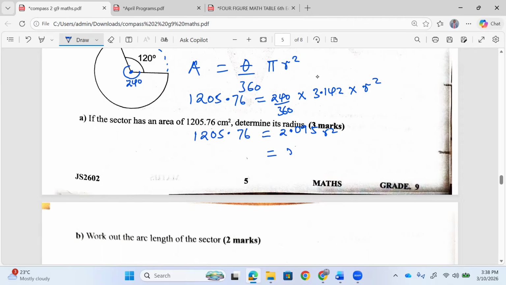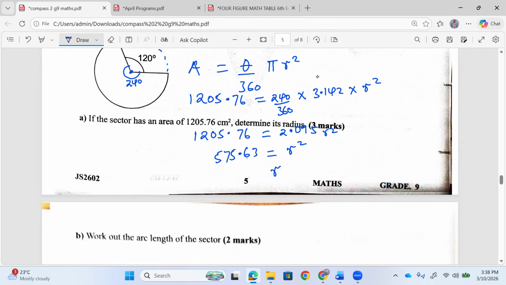How do you remain with r squared? By dividing by 2.095 throughout. So 1205.76 divided by 2.095 becomes 575.63.